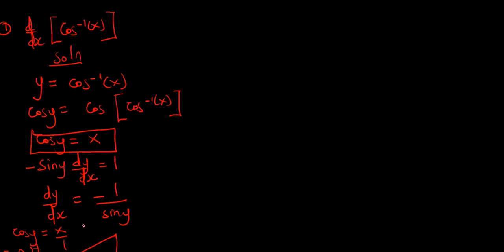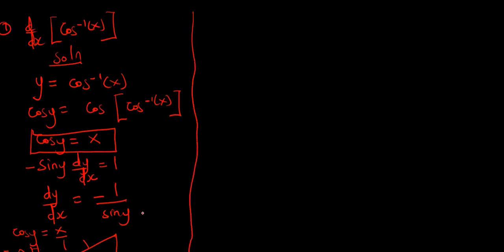The adjacent is the side on which the angle sits, and the angle is sitting on this side. So we are going to have x here, because it's the adjacent, over the hypotenuse, which is the longest side, 1. We have cos y, so we need sine y. When we get sine y, everything is going to be in terms of x.